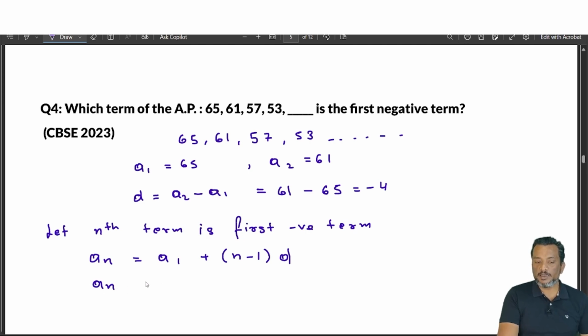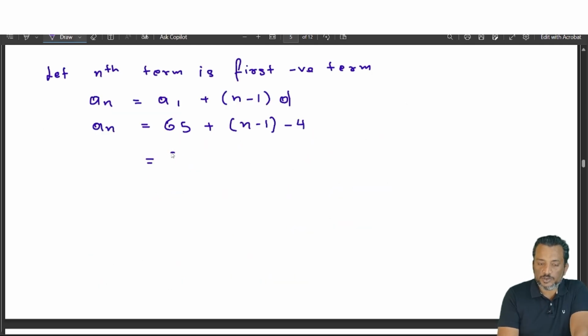So an is equal to a1, which is 65, plus n minus 1, and d is given as minus 4. If you solve here, 65 minus 4n plus 4, which means you will get 69 minus 4n.